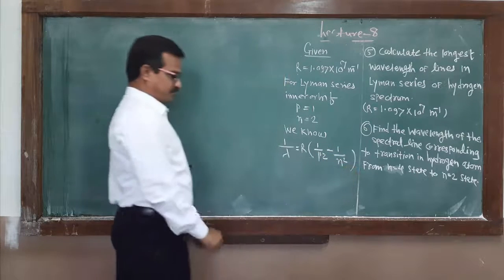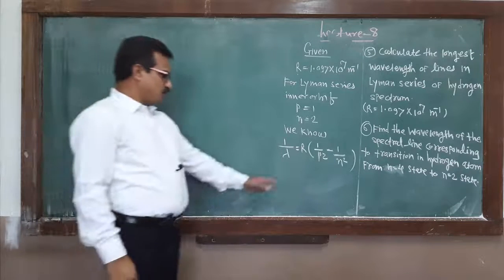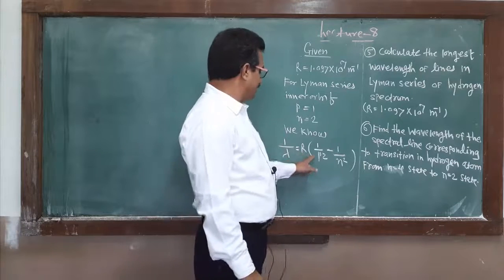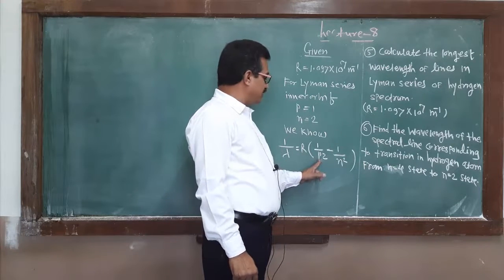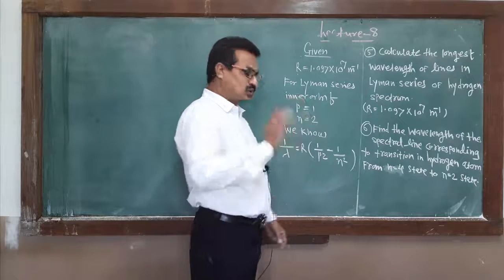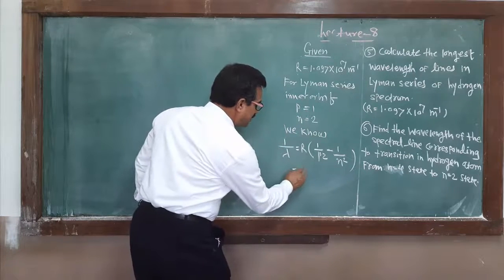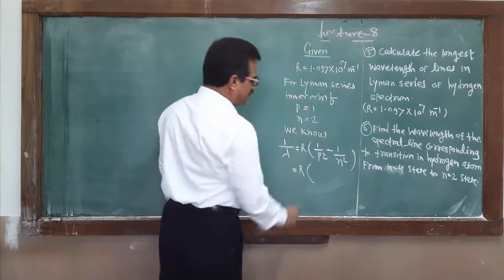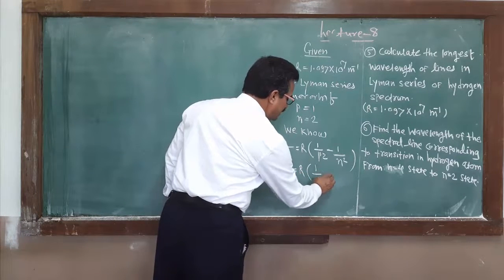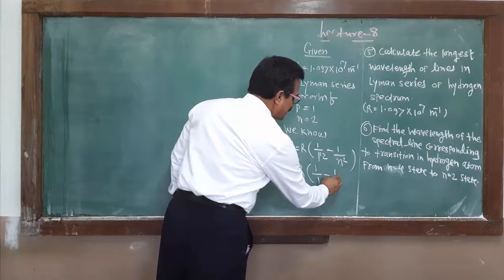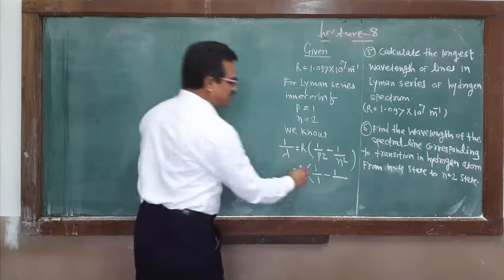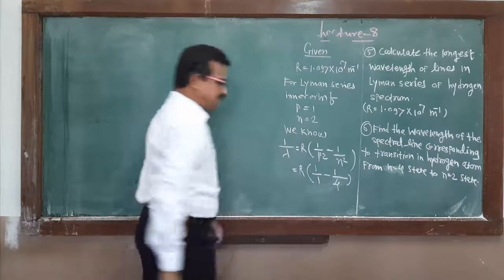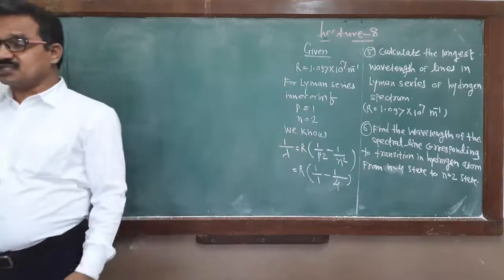In this formula, R is the Rydberg constant, p represents the inner orbit and n represents the outer orbit. What is the value of p? p is 1, means here is 1 minus. What is the value of n? It is 2, means here is 4.